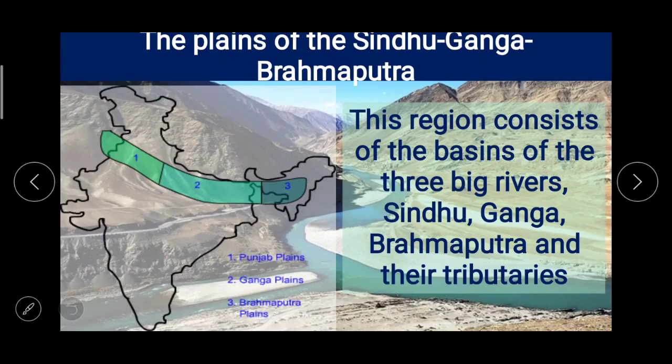Next one, the plains of the Sindhu-Ganga Brahmaputra. Now in the map, number 1 is Punjab plains, then the second Ganga plains, and the third one Brahmaputra plains. This region consists of the basins of 3 big rivers, that is Sindhu, Ganga, Brahmaputra and their tributaries.